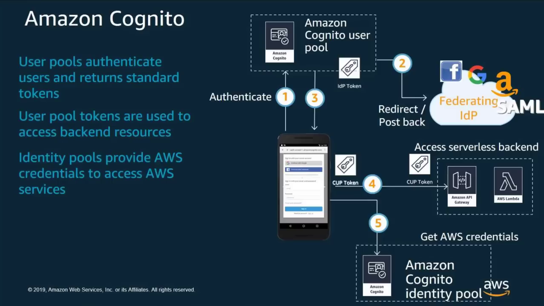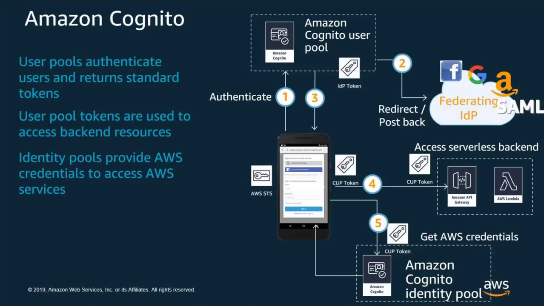But now, if you need to access services where you need not a user pool token, but you need AWS credentials, the other half of Cognito that we haven't talked about as much today, that identity pool, right? You can actually take your Cognito user pool token, deliver that down to the identity pool, and get back what's known as an STS token, or Security Token Service Token.